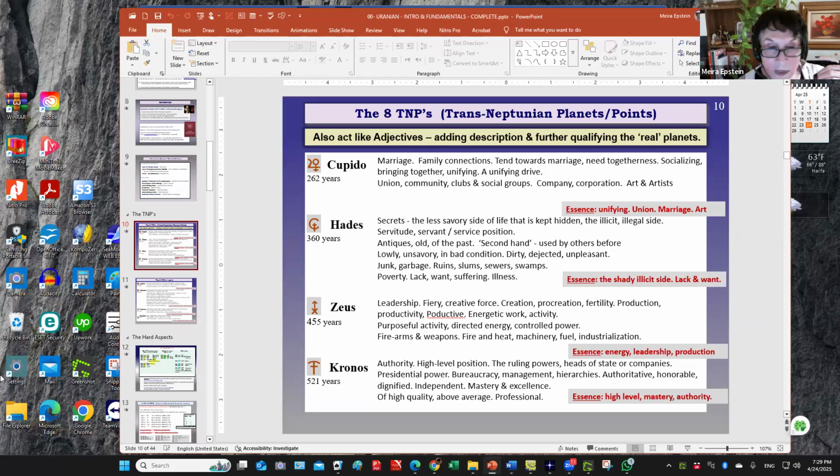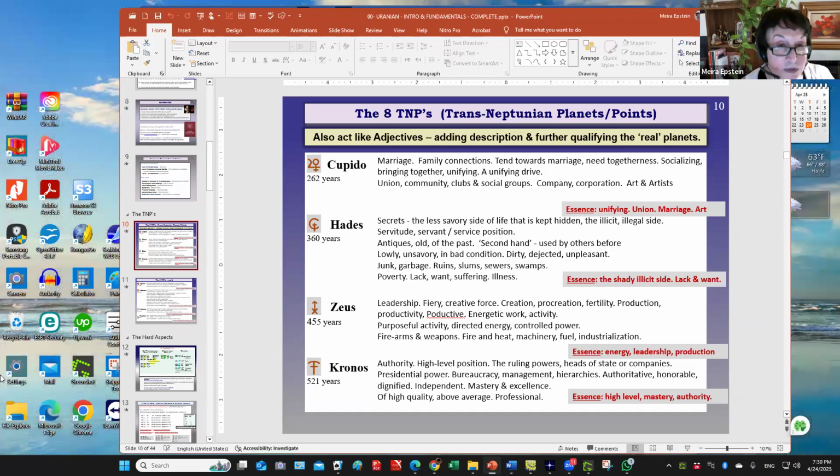And then in Hamburg, Witte came up with his Cupido, also determined, not discovered, determined mathematically. That's in the 20s. And in 1930, Pluto was discovered, much later, also mathematically. So this was the beginning tradition that it's okay to look for planets in the sky mathematically, and they did.